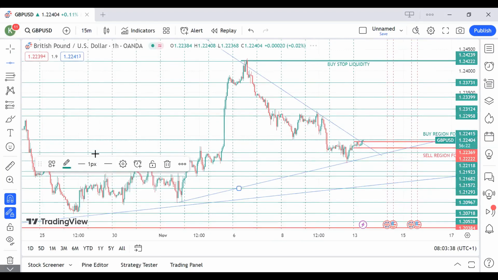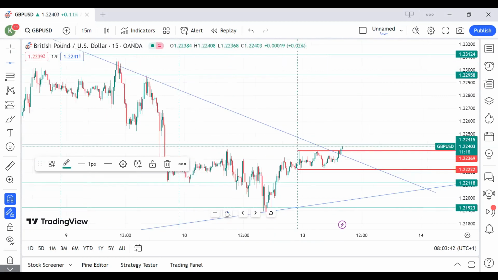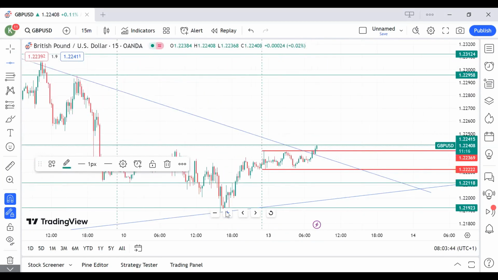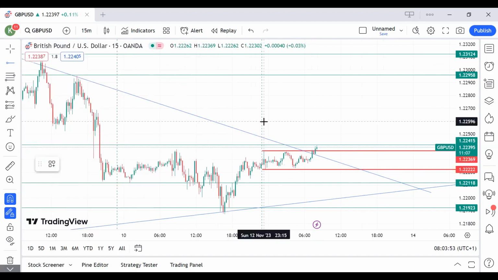We go to our entry point where we will now look at the entries. Okay, but before then, we're just going to draw our psychological lines. So we'll just take the current price level as our first psychological level.